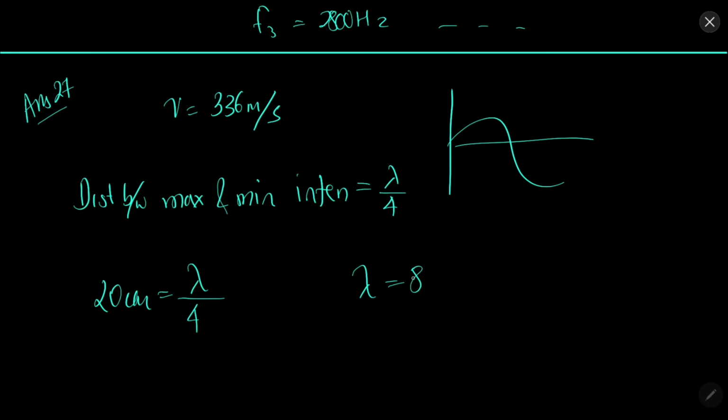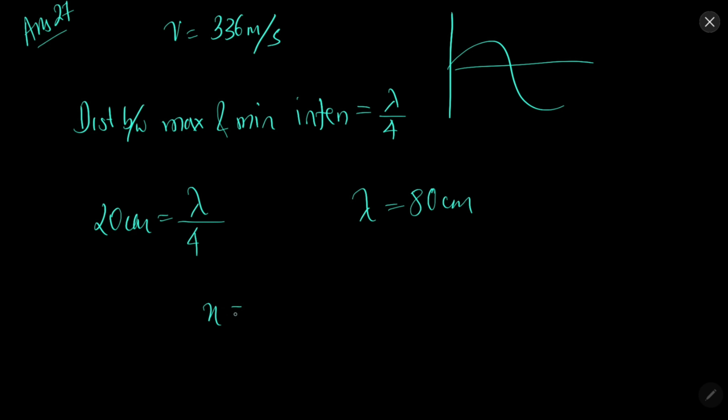So lambda will come out to be 80 centimeters. So the frequency will be velocity over wavelength, 336 over 80. And this is in centimeters, so 10 to the power minus 2, so that it gets converted into meters. So it will be 420 hertz.